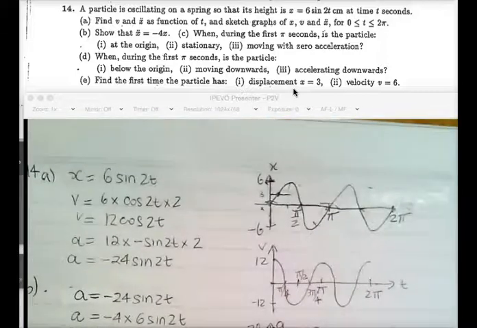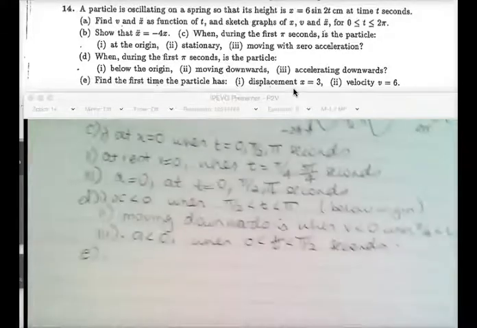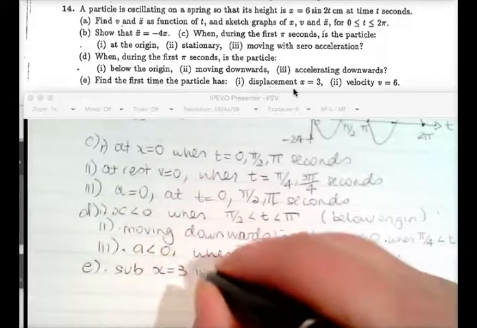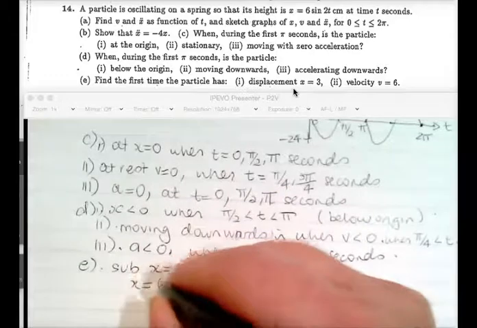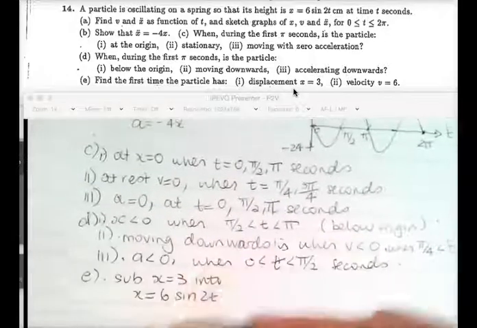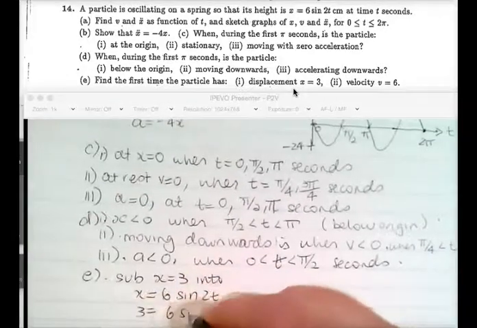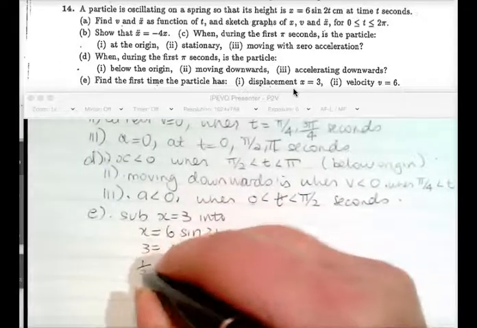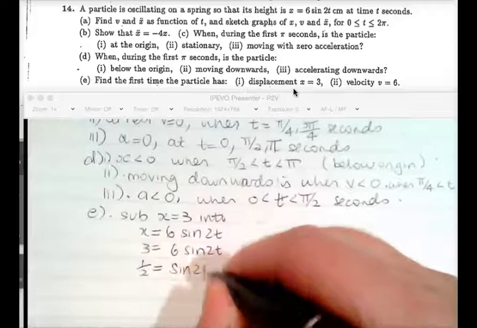So we know that x equals 6 sine 2t. So we're going to substitute x equals 3 into x equals 6 sine 2t, and we get 3 equals 6 sine 2t. Then 3 over 6 is a half, equals sine 2t.